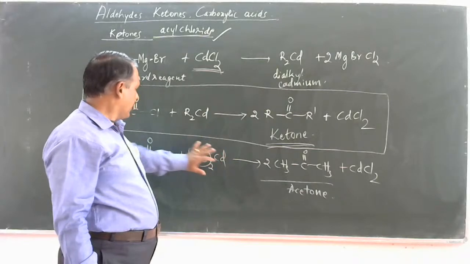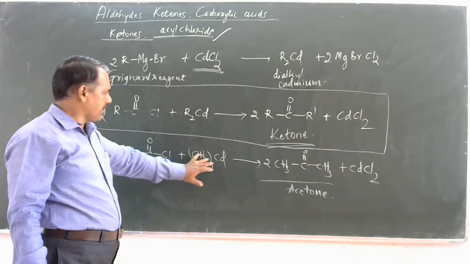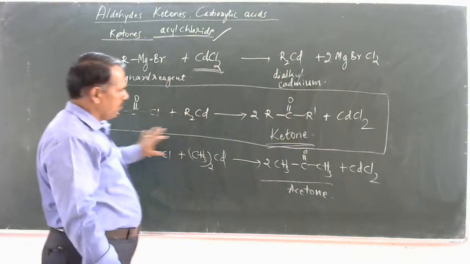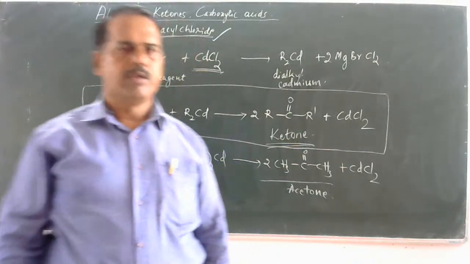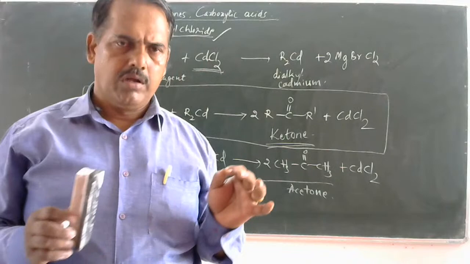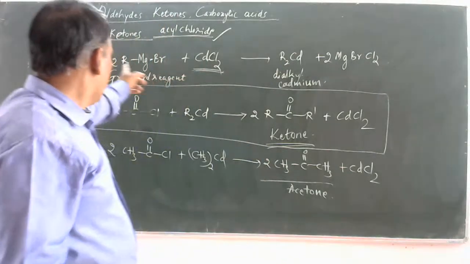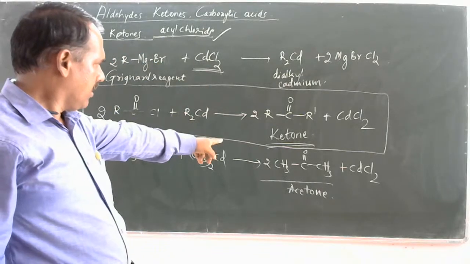When dialkyl cadmium, here particularly dimethyl cadmium, is treated with acyl chloride, we will get acetone. A very simple preparation. And this particular preparation is called, say, from acyl chloride we can obtain ketone.